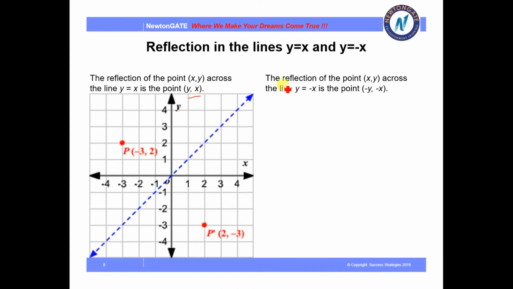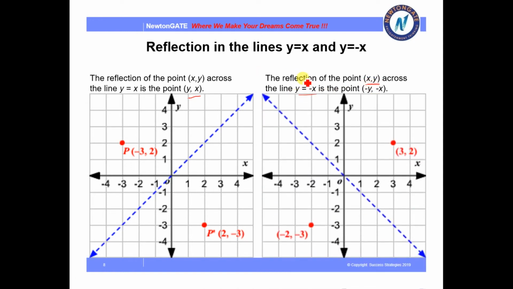Next, if the point x comma y is reflected in y is equal to minus x, the point becomes minus y comma minus x. So the point reverses, that is, x becomes minus y and y becomes minus x.